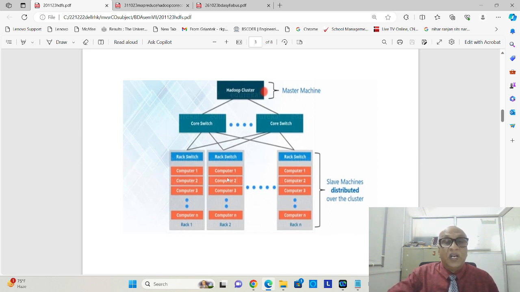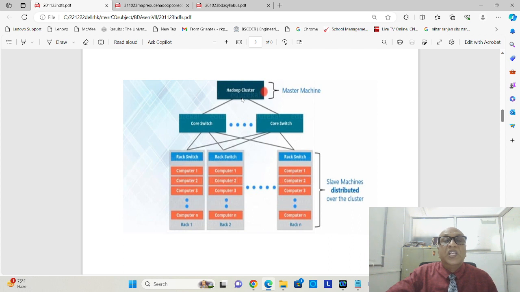If you look at this diagram, what it is indicating, at the top is a master machine, which is called as a Hadoop cluster, and here your name node may be residing, as well as the resource manager may be residing. Now this name node will be interacting with data nodes. This computer 1, computer 2, computer 3, all these are called as the data nodes.